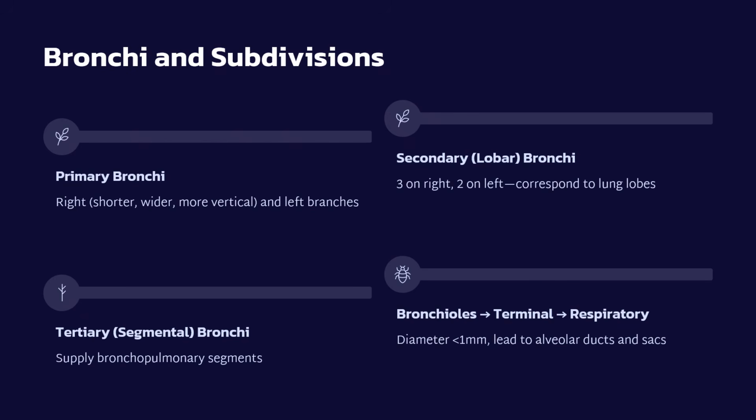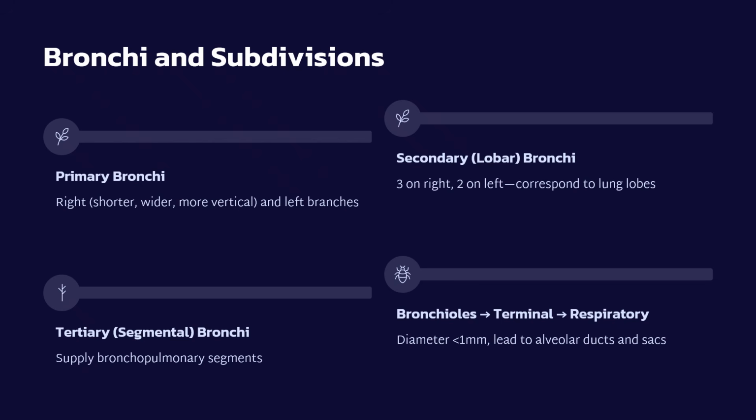And now, your bronchi and the subdivision. So we have your primary bronchi, wherein the right bronchus is shorter, wider, and more vertical than the left. Then we have your secondary or lobar bronchi, and we have your tertiary or segmental bronchi.